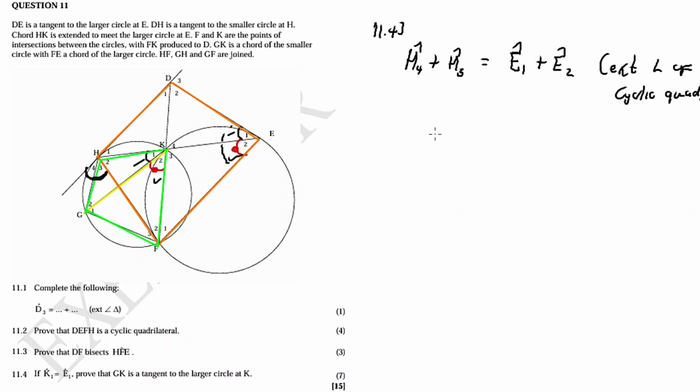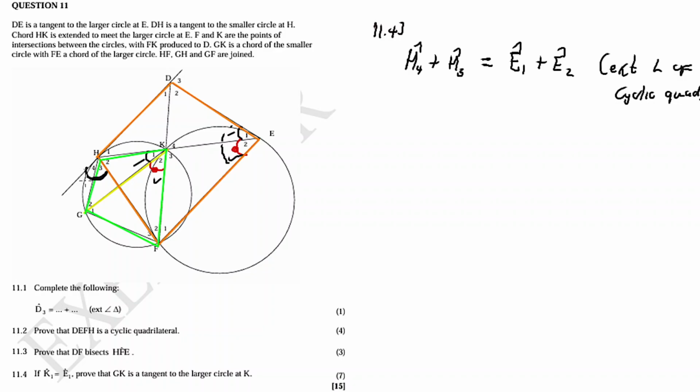Okay, let me just continue, because if I start trying to explain, it's going to be a bit of a problem. We are also told, through the diagram, remember, this HK is a tangent.